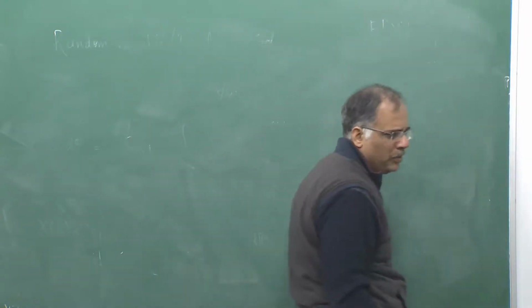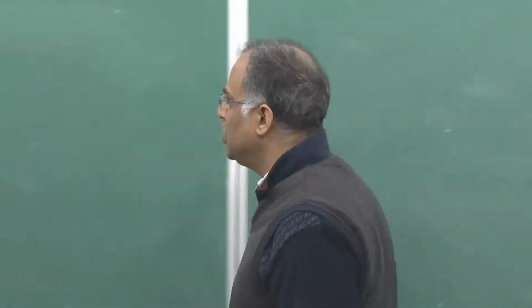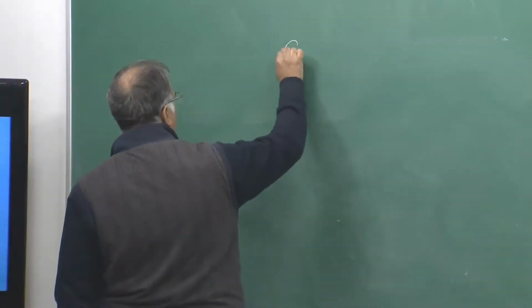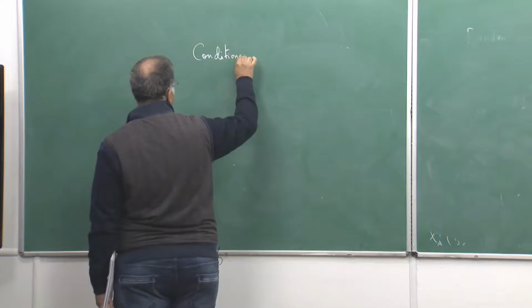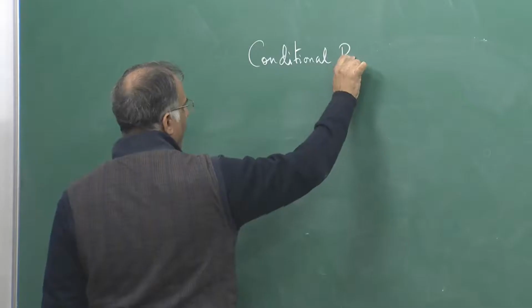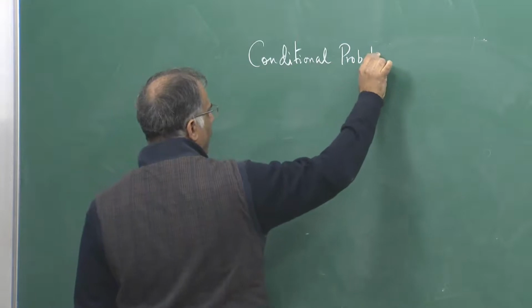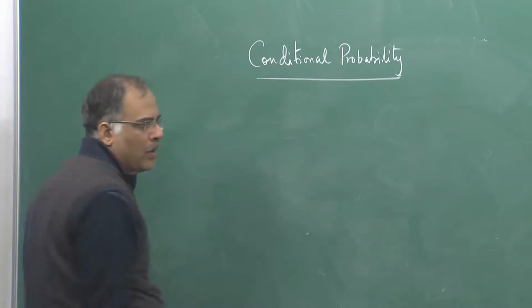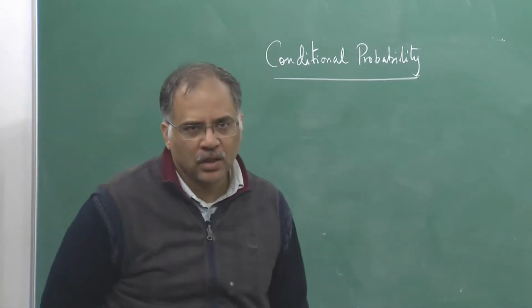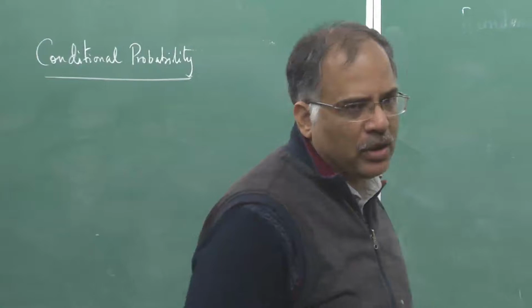So what is conditional probability? Let me now talk about this very important issue. Conditional probability asks how the probability of a given event A would be if I know that some other associated event has occurred.